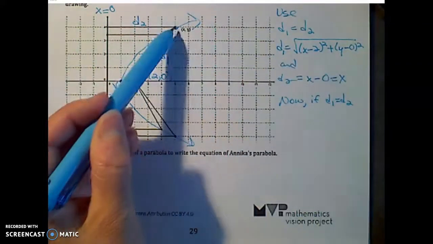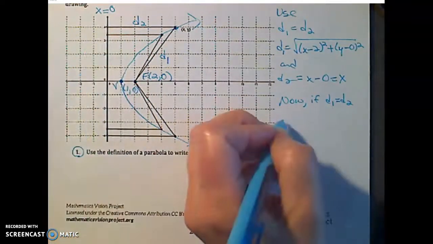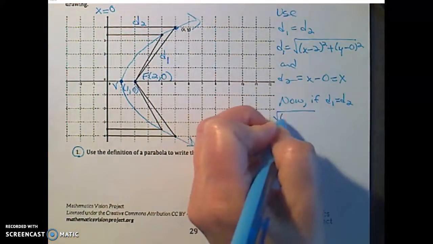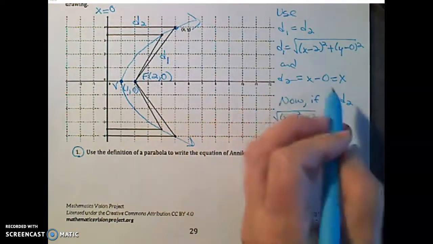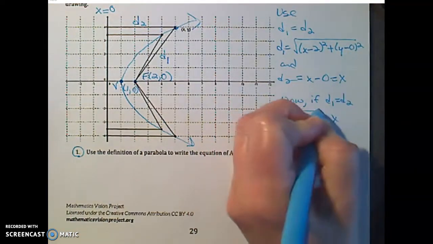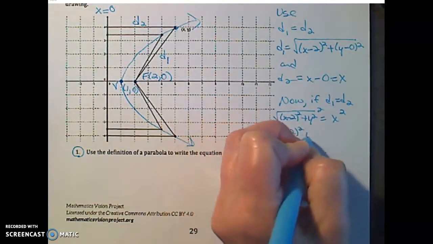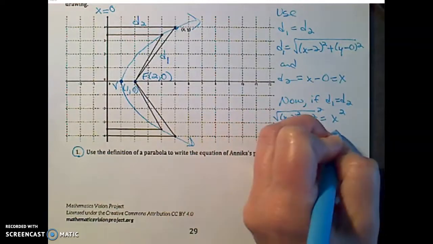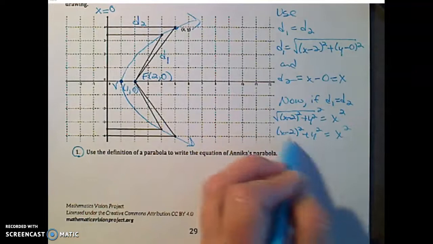Using the definition, the set of all points equidistant from the focus and the directrix, I'm going to set d1 equal to d2. I get the square root of (x minus 2) squared plus y squared is equal to d2, which is just x. I'm going to square both sides. (x minus 2) squared plus y squared is equal to x squared. I'm going to use that trick from last week. I'm going to get those x squareds to cancel out in this case.